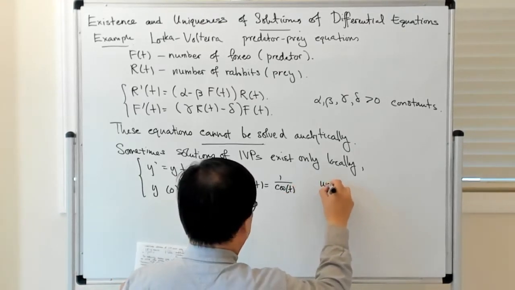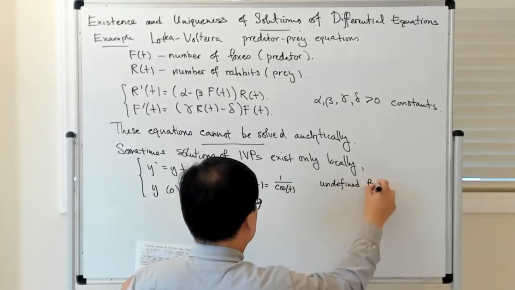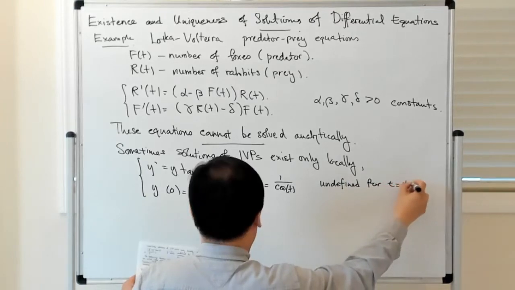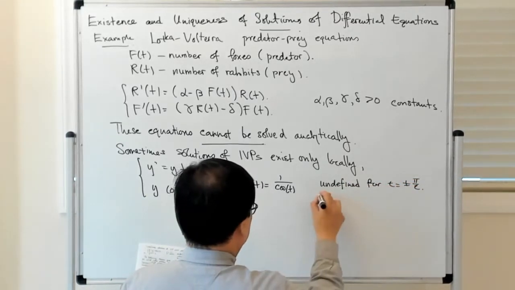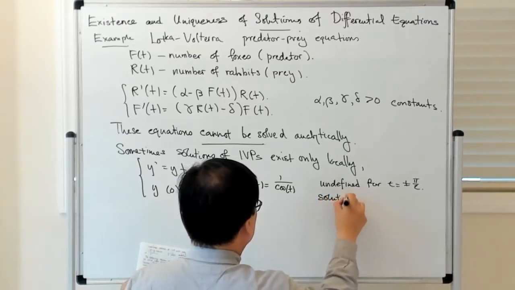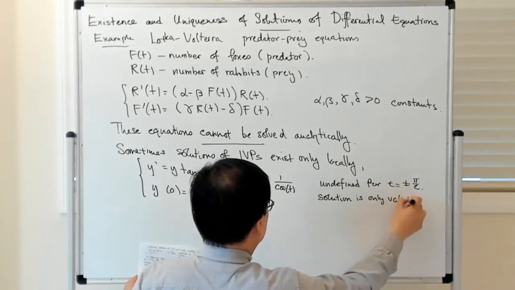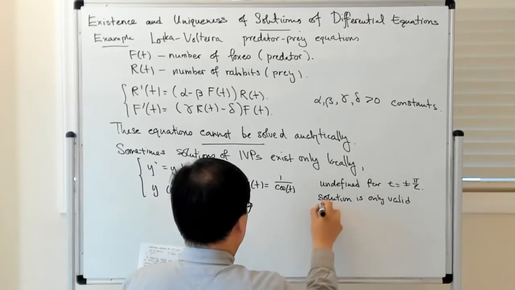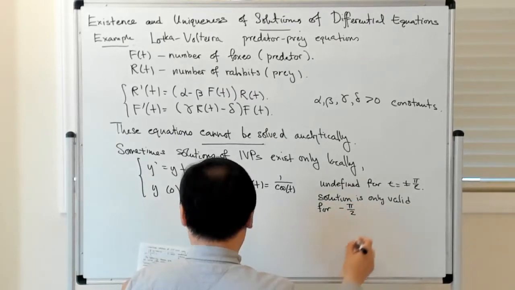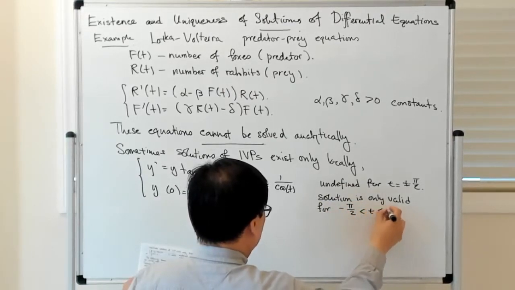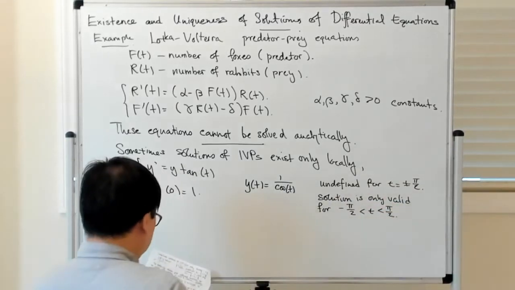And this is obviously undefined for t equal to plus or minus pi over 2. So the solution is only valid for the interval between minus pi over 2 and pi over 2.